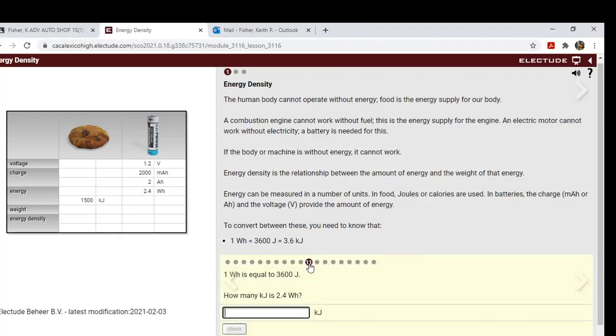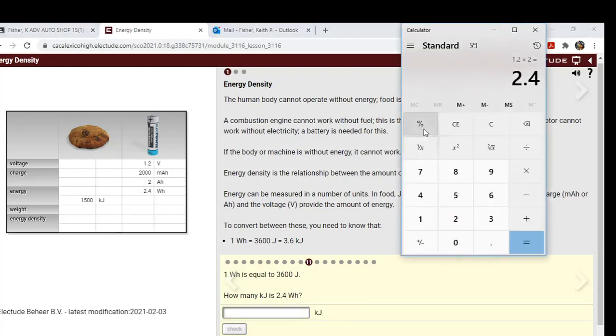Question 11. So 1 watt hour is equal to 3,600 joules. How many kilojoules is 2.4 watt hours? We're going to use our calculator again. 2.4 watt hours times 3,600 joules is 8,640.